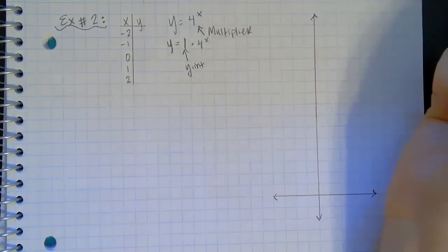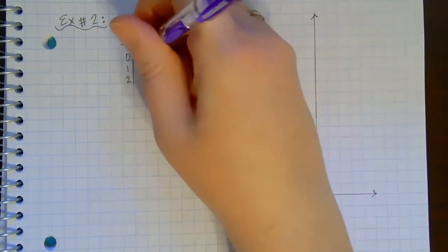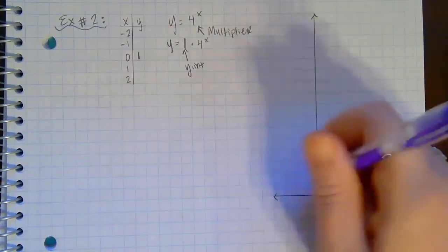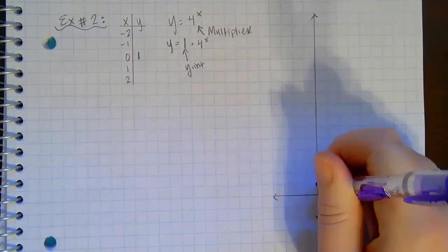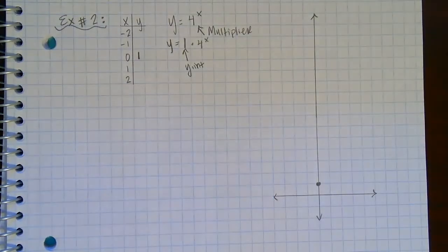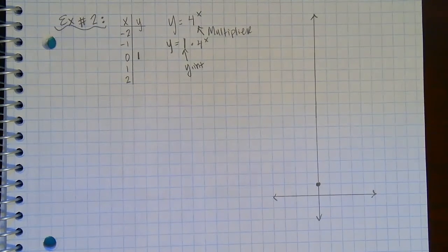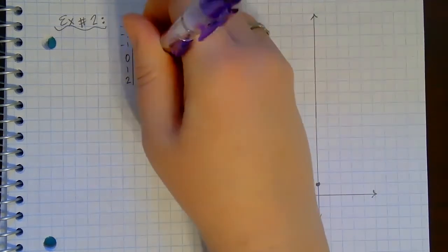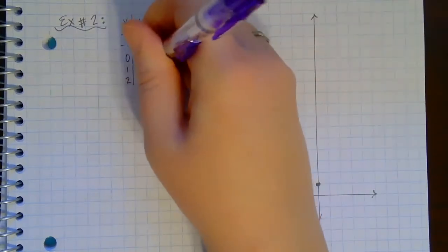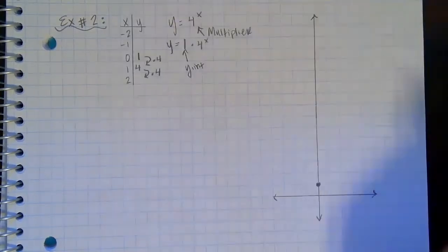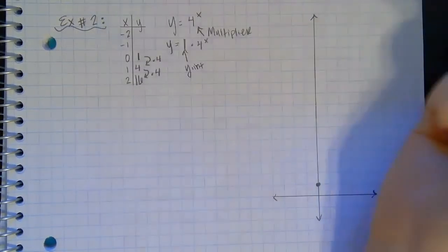And we already know the 4 is our multiplier. So I could put my 1 right here for my y-intercept, and I can already graph it right there at 1. And then I can use my multiplier, or I can substitute. It's up to you. So I know it's multiplying by 4. So 1 times 4 is 4. 4 times 4 is 16.